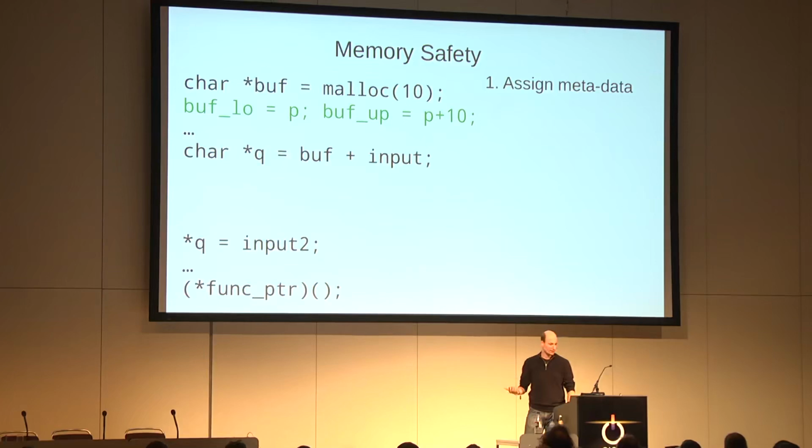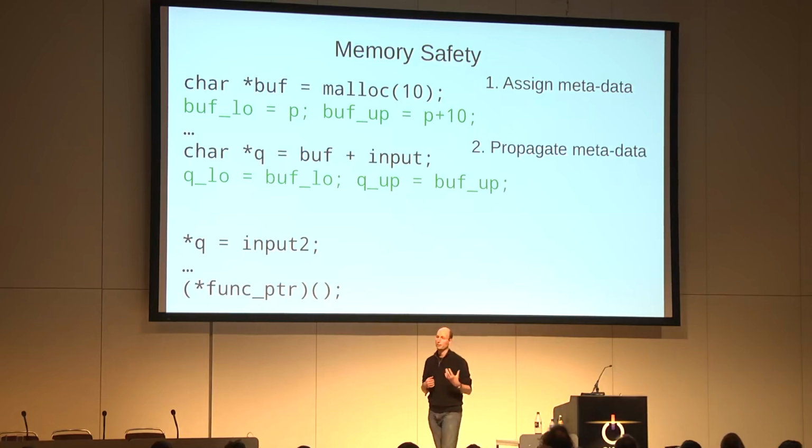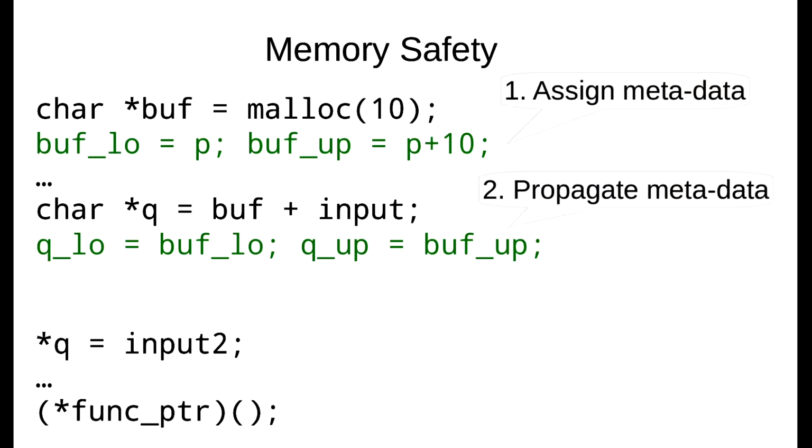If we do have assignments from other types or across pointers, we propagate metadata. So we see that QLow and QUpper, the two variables, are assigned the lower bounds of the buffer and the upper bounds of the buffer. So this metadata is carried along and can be used for further protection.